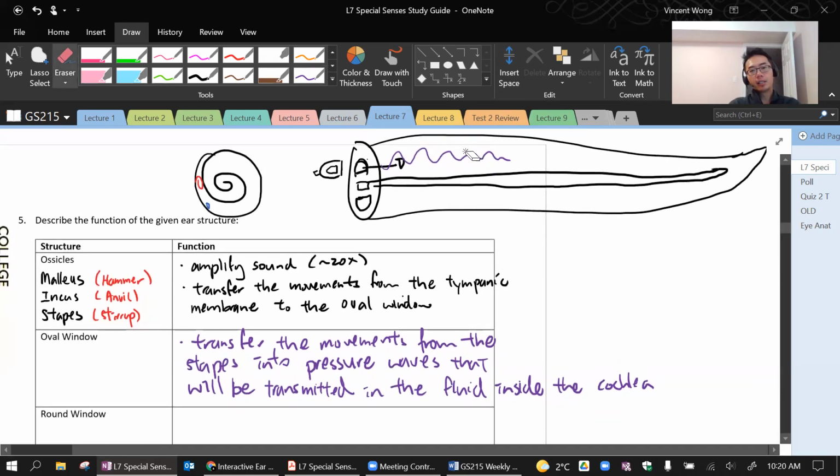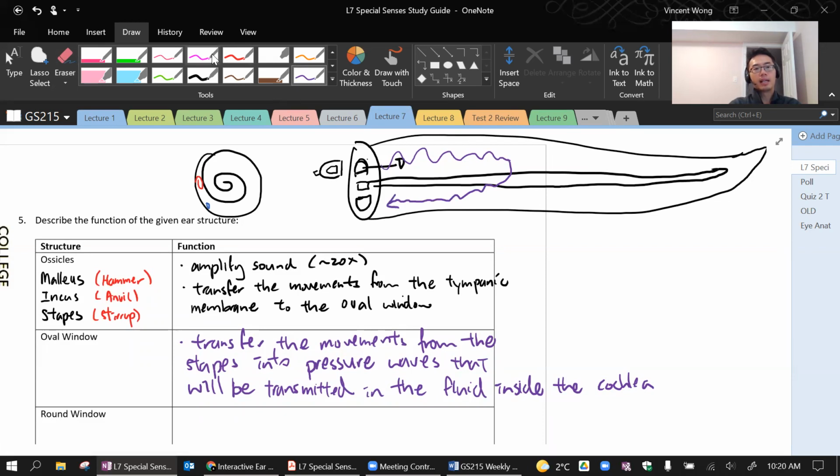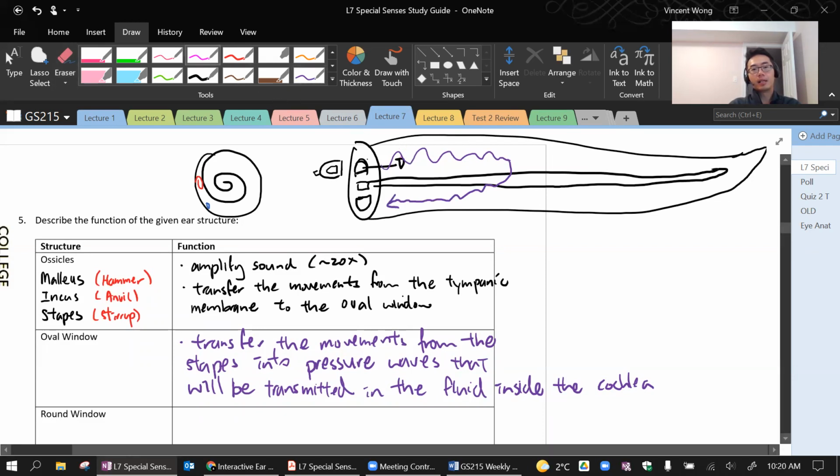Now, depending on how much energy the sound has, this wave is going to turn around. If it's a lower pitch sound, then it's going to go further down before it turns around. Ultimately, it's going to turn around. And when it does, that excess pressure is going to cause the round window to bulge out. Basically, this is a confined space that is filled with liquid.